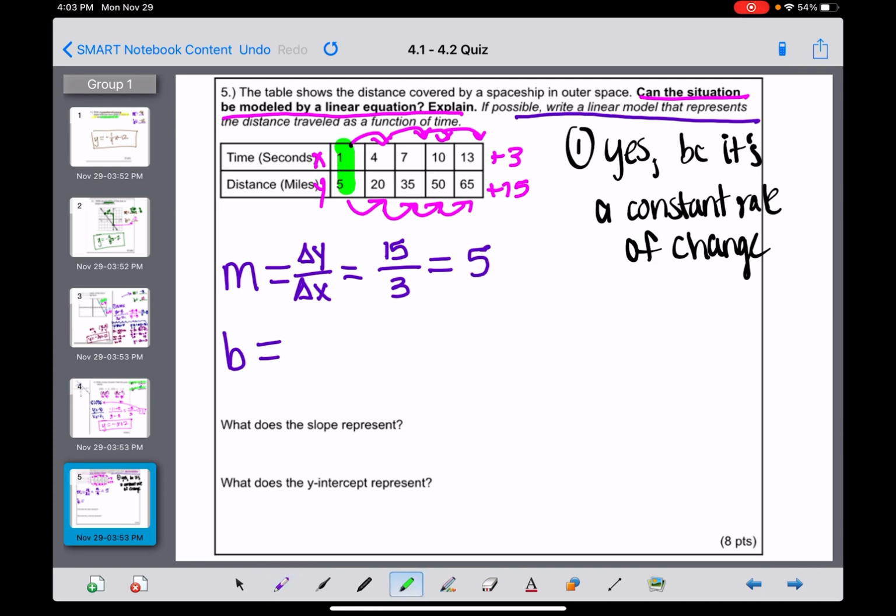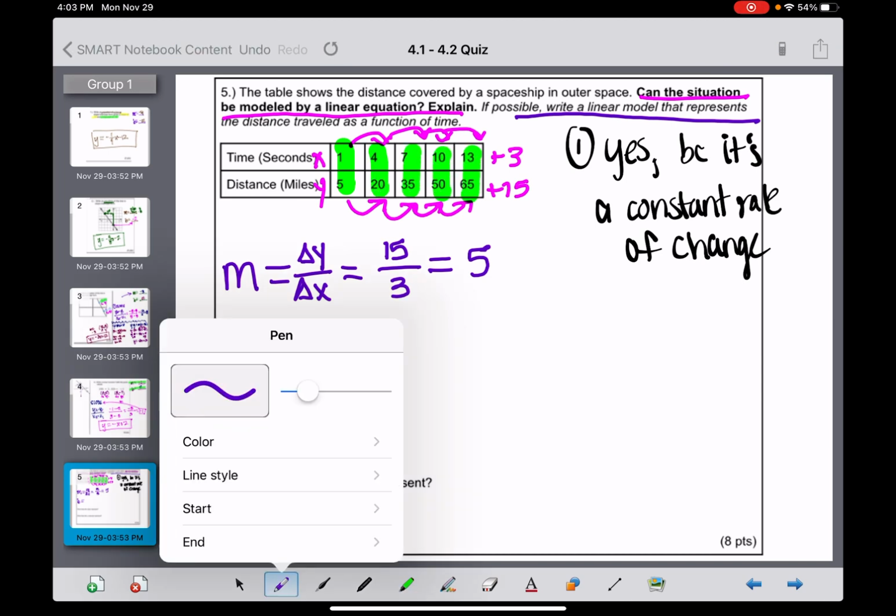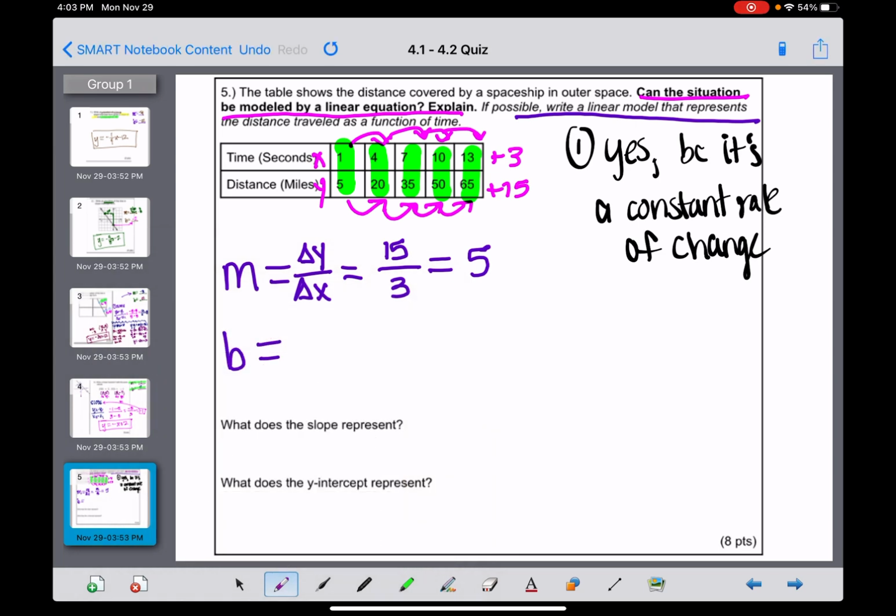I have 5 different coordinates that I can choose from to go into my equation. So I'm going to choose the coordinate of 1, 5. And I'm going to plug into y equals mx plus b. If you prefer point slope, then that's what you're going to plug into.